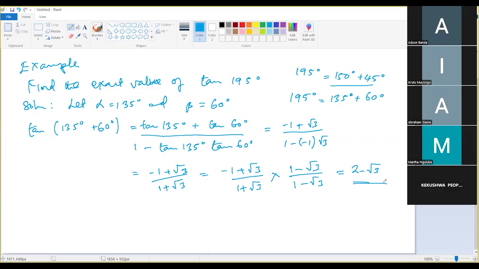So every time you are given an angle that is not standard, using the sum and difference of two angles, you can find two standard angles that you can add or subtract to get that angle and then get the exact values.